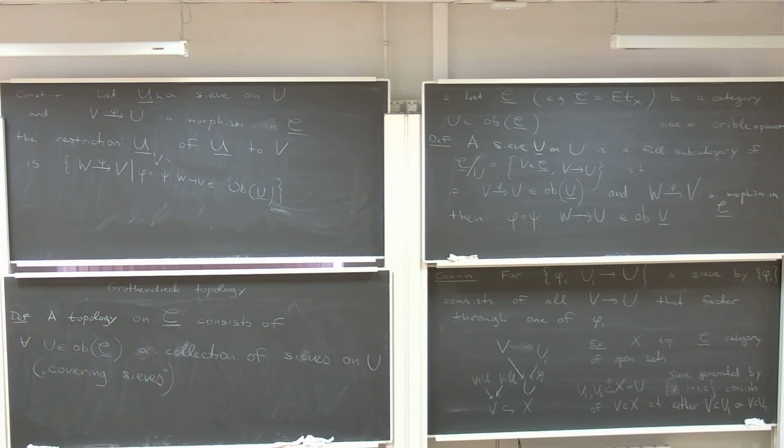Покрытие. Such, so that's the kind of the structure that we're supposed to have on C. And this structure should satisfy the following properties. So three axioms.